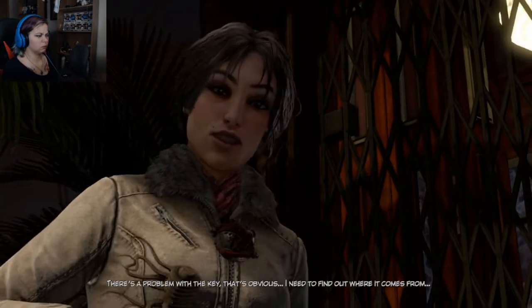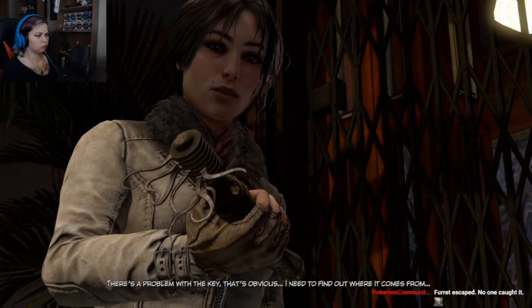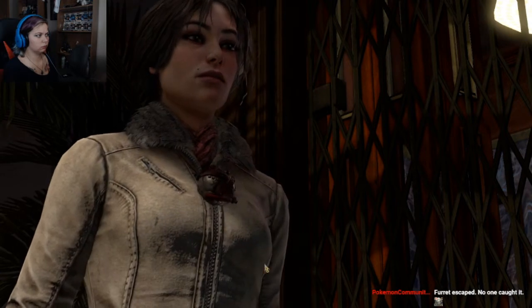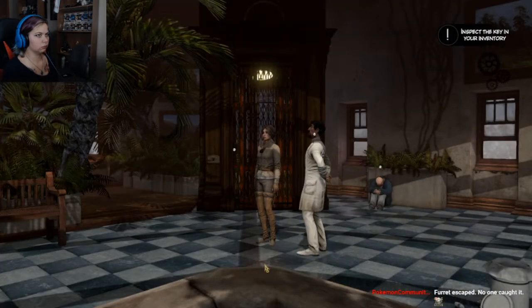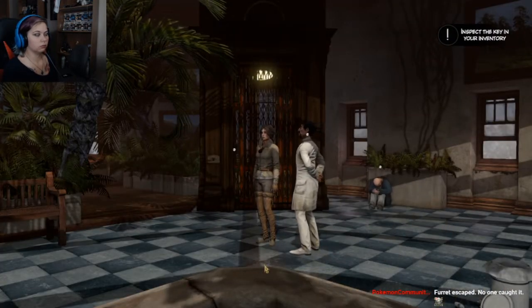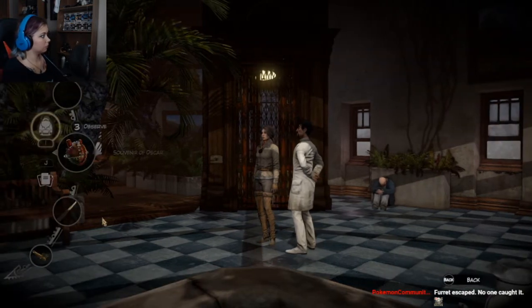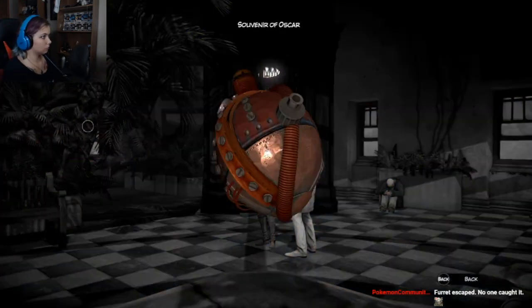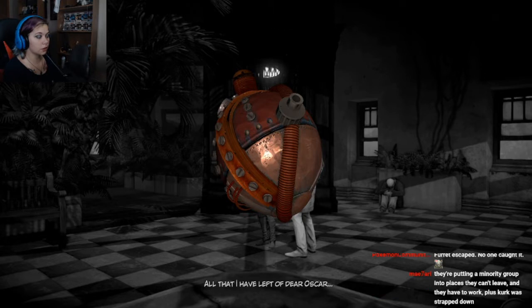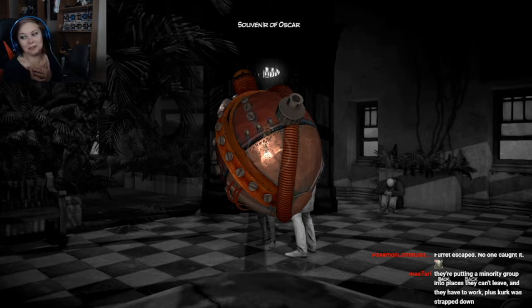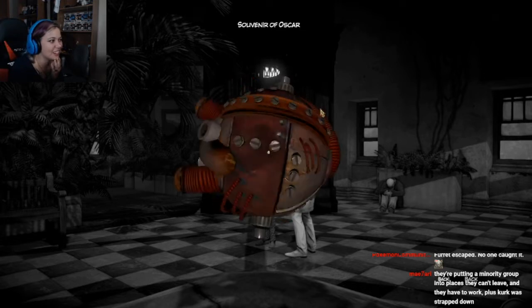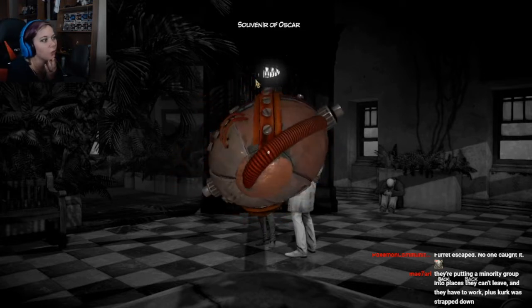There's a problem with the key. That's obvious. I need to find out where it comes from. Inspect the key. All that I have left of dear Oscar. Oh no! Can I rotate it? Oh, I can. Wow!